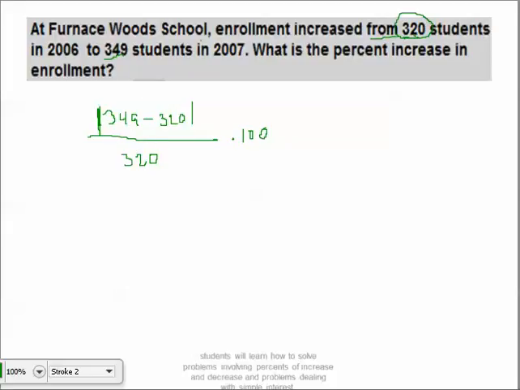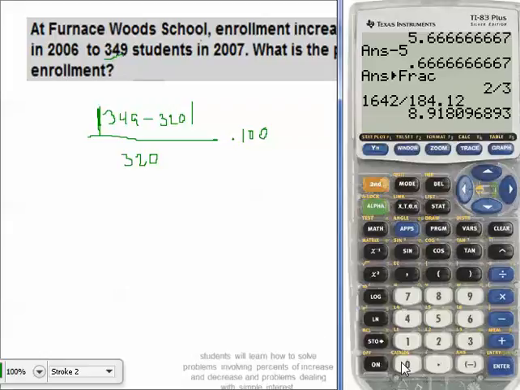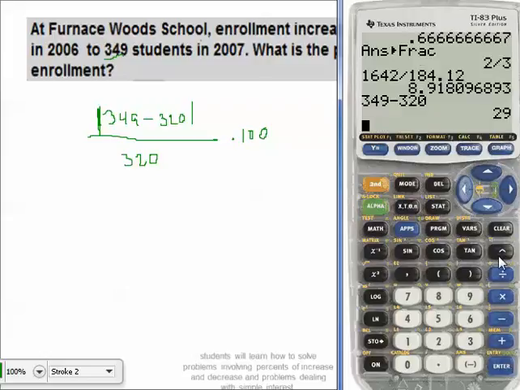So let's whip out our handy dandy little calculator here and take 349 minus 320, and we get 29.